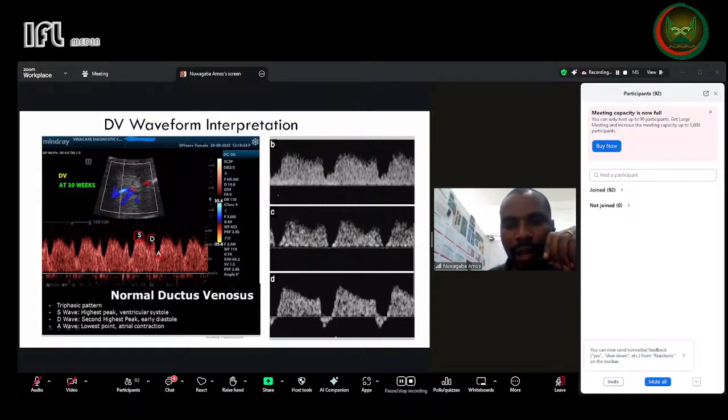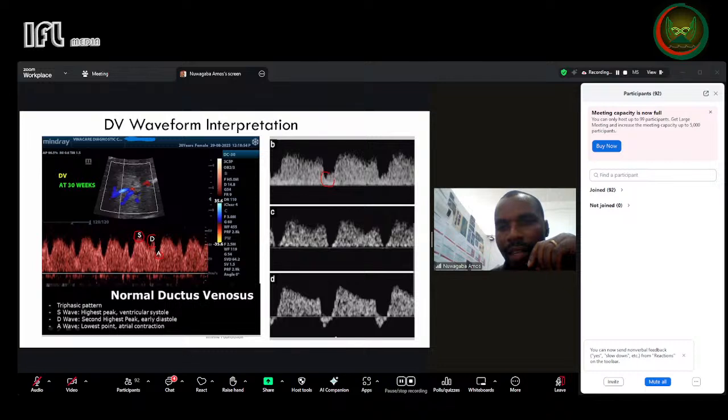And then on the right here, we have the abnormal waveforms. We have already seen the resistance, and we know this is high resistance, which usually happens in the early stages of fetal compromise, either because of congenital cardiac abnormality, or in FGR.